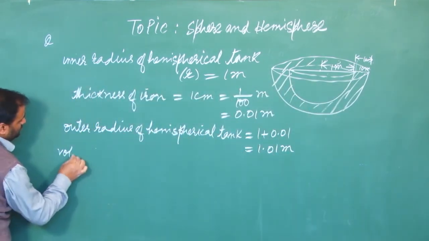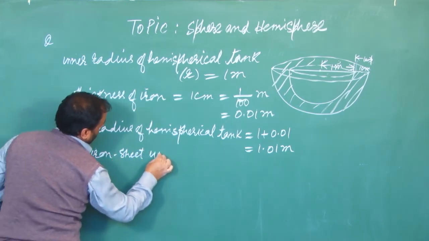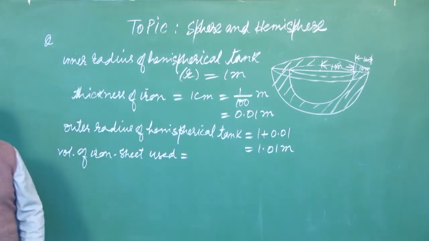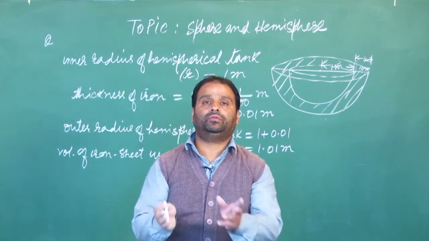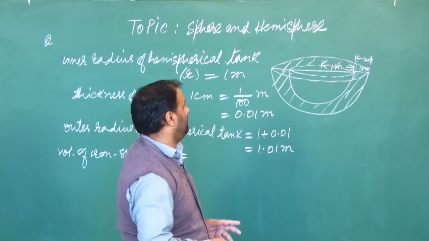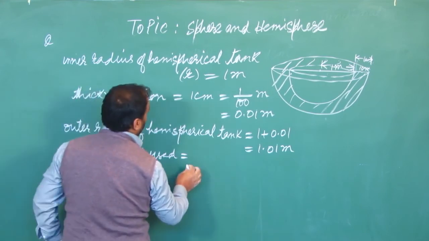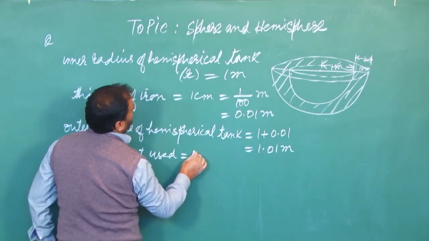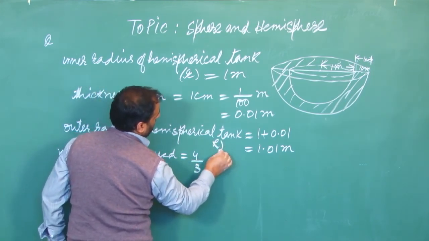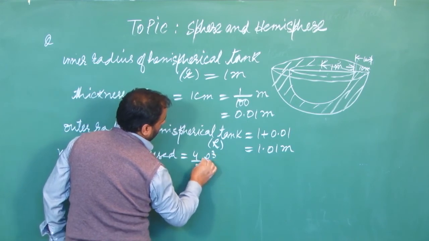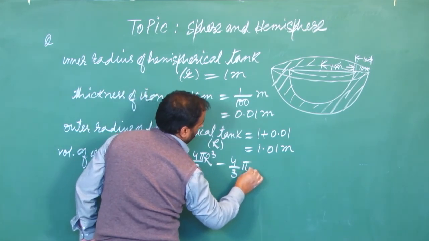So, the volume of iron sheet used in making that tank is the difference of the volume of the outer part of that tank and the inner part of that tank. Now, the volume of the outer part can be written as 4 by 3 pi capital R cube, with the outer radius denoted by capital R, minus 4 by 3 pi small r cube.